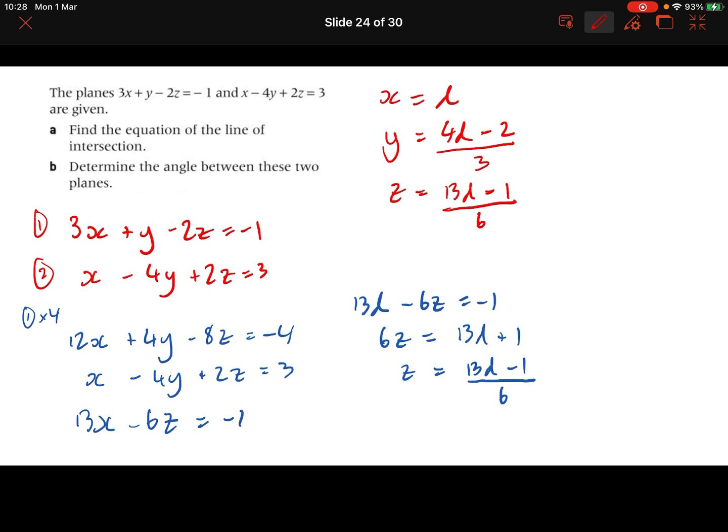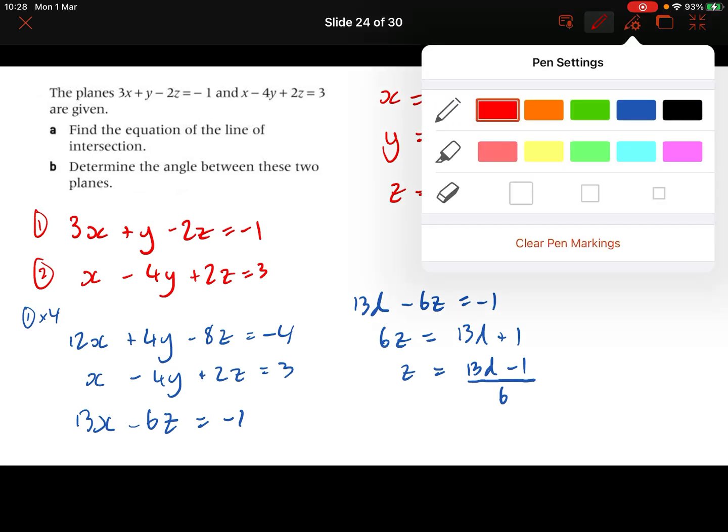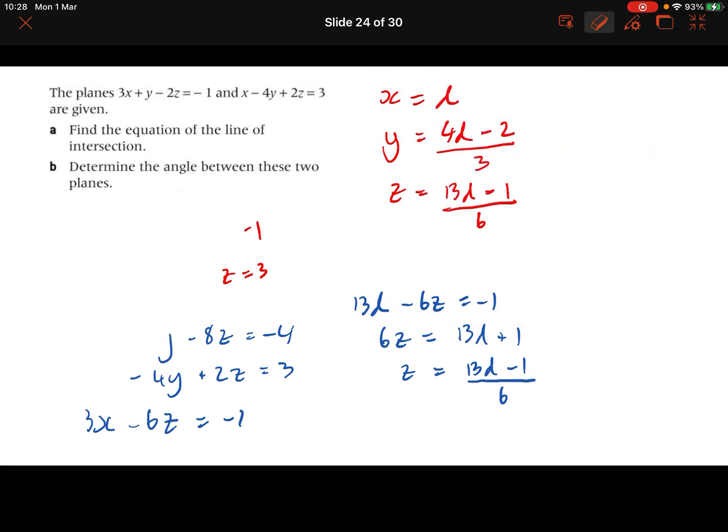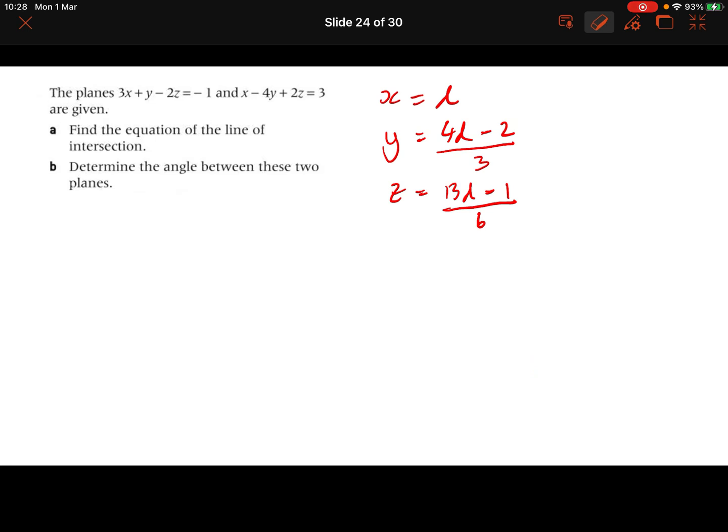Now, you're then asked to determine the angle between these two planes. Well, that'll be easy. We just did that. We use the formula cosine theta is equal to mod n dot d over mod n mod d. And what is n? n1 is going to be equal to (3, 1, minus 2).